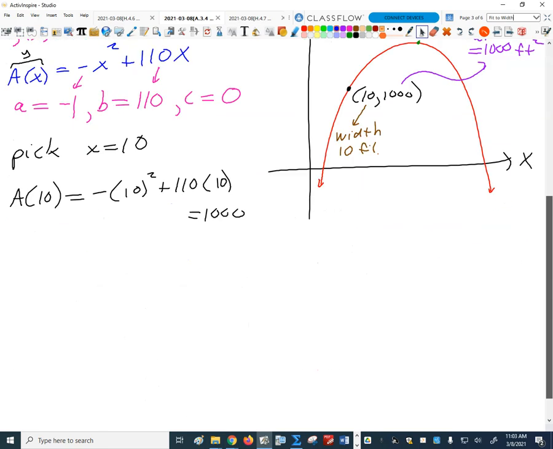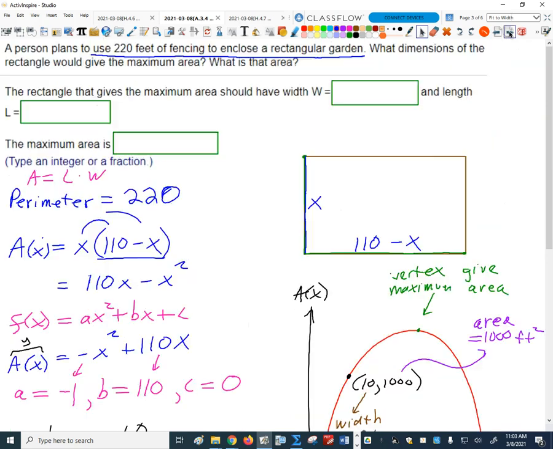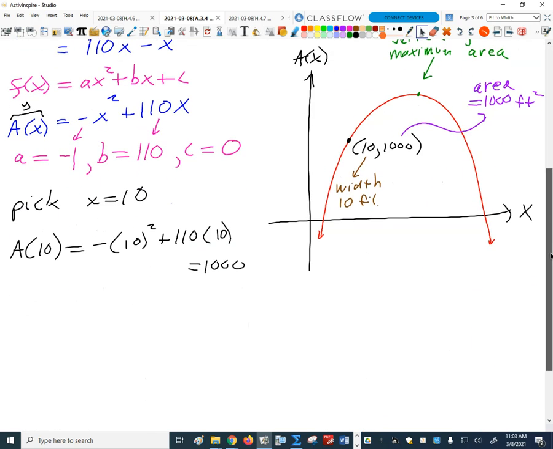We know that h is equal to negative b over 2a, right? So I know what a, b, and c are. There are my values of a, b, and c.